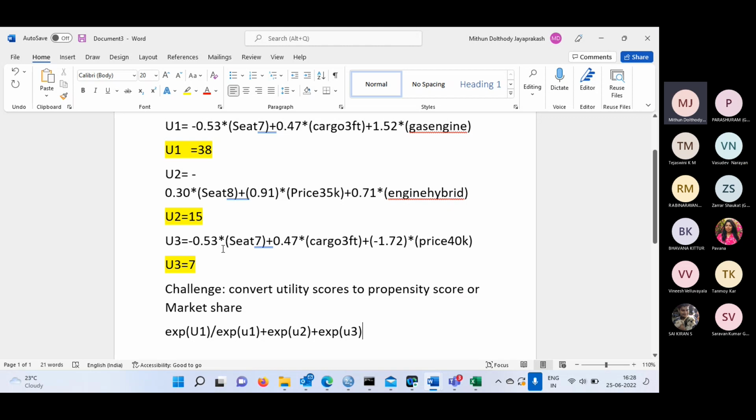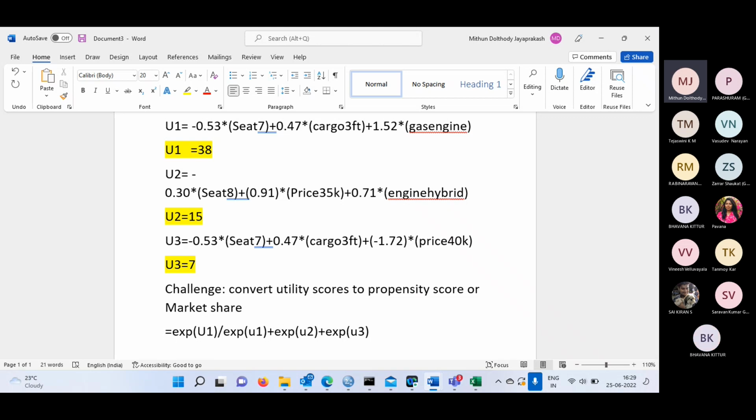So exp of U1 is exponential of 38, divided by exponential of 38 plus exponential of 15 plus exponential of 7. When you do this, you will get a number lying between 0 and 1. It can be 0.7, it can be 0.3, whatever it is. Call this P1. What is this P1? It is just the market share of a vehicle which has these particular characteristics.